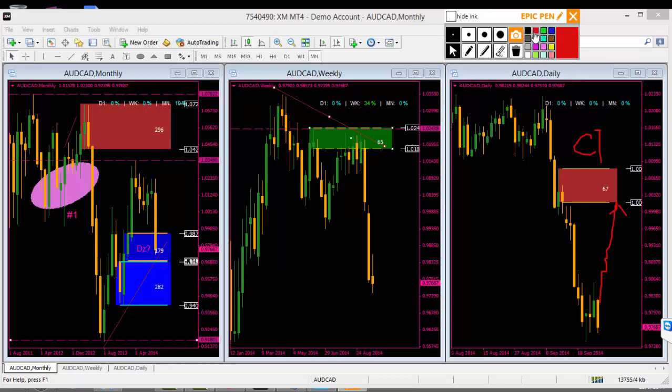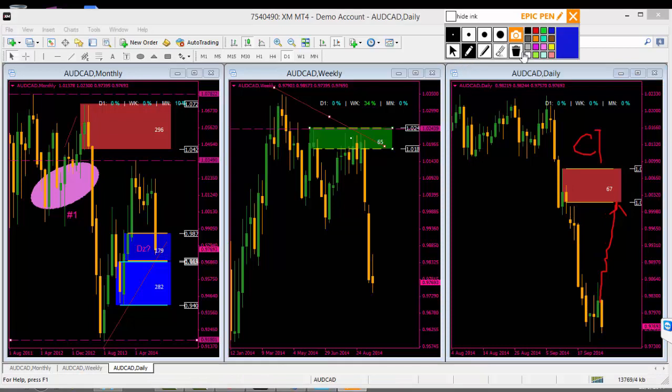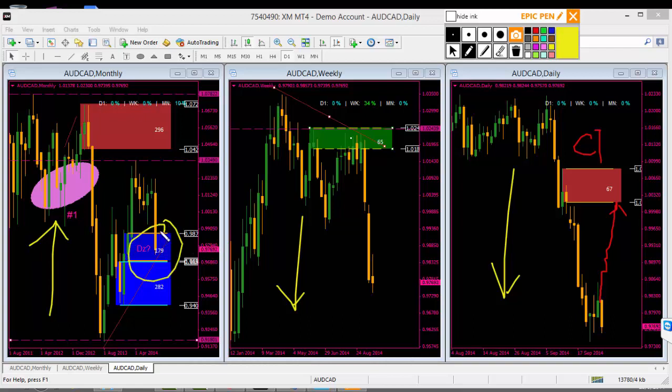Otherwise, you'll just be thinking, okay, daily is down, weekly is down, so I should be selling, but not knowing that monthly is up and we are in monthly demand. These are very small things, and a common mistake traders make, because they focus too much on the daily and forget about the higher time frame.